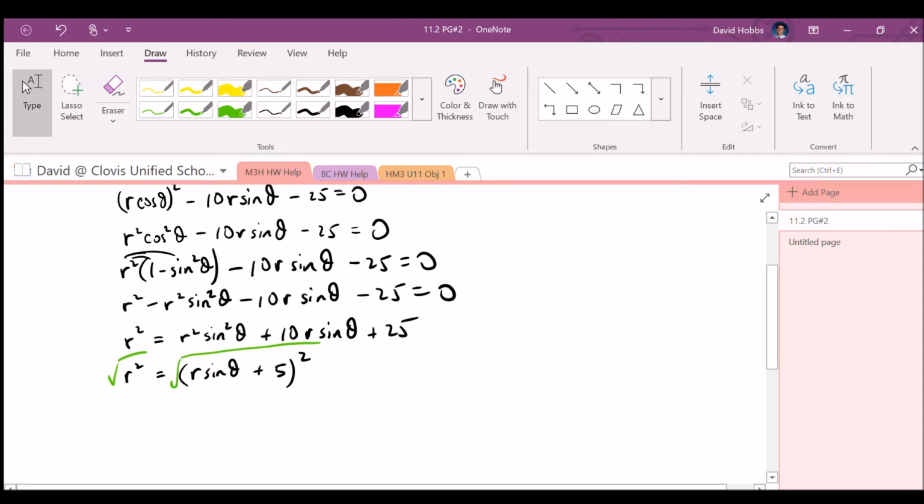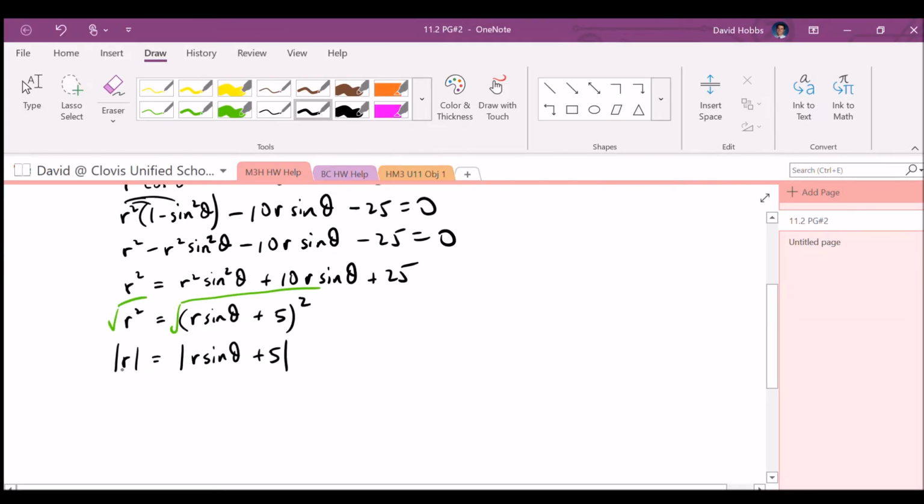And so technically we have the absolute value of r over here, and the absolute value of r sine theta plus 5. And, you know, generally we take care of it by doing the plus or minus thing. The r on the inside will be equal to the r sine theta plus 5, and it's whether it's the positive form of it or the negative form of it. So r is equal to plus or minus the quantity r sine theta plus 5.